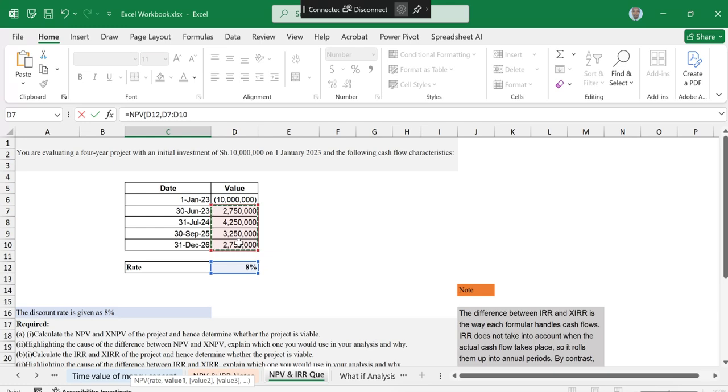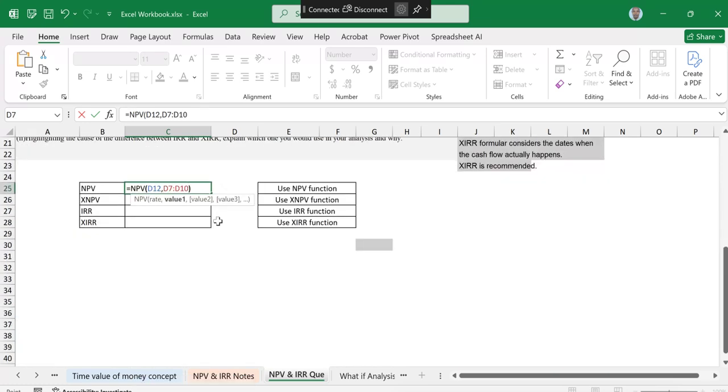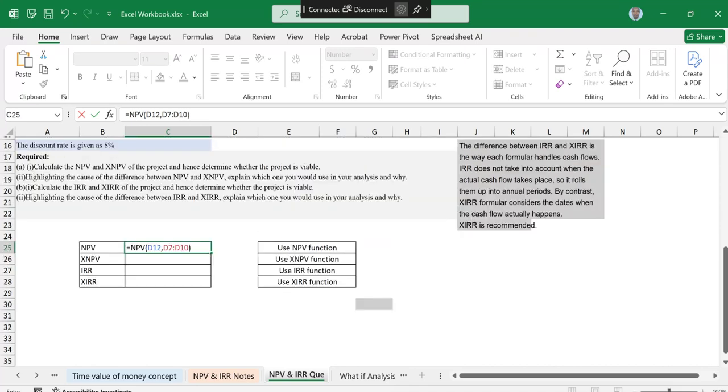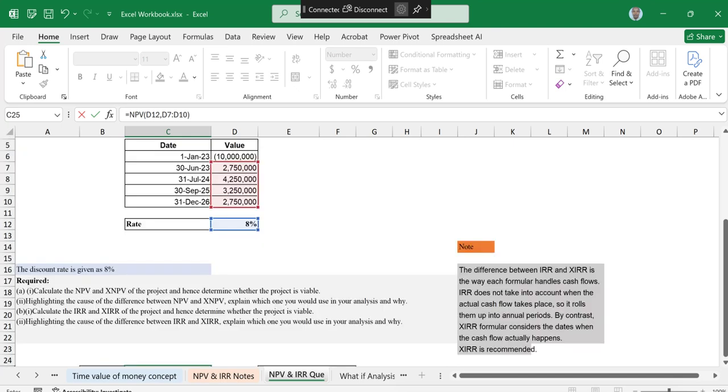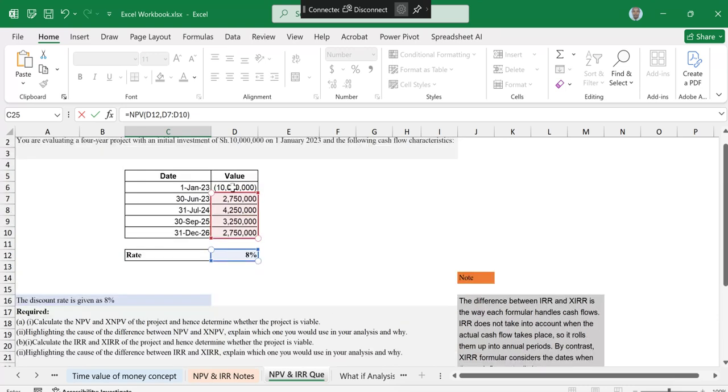Once you've selected that, you close the brackets. Then add. Since the outflow has been presented as a negative, you add. Add simply means that you'll be offsetting the difference between the two.